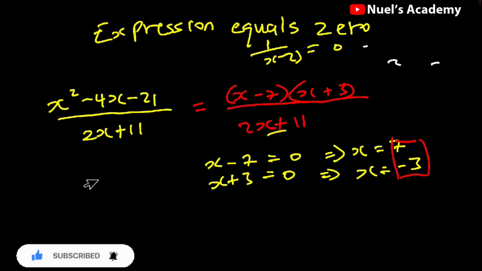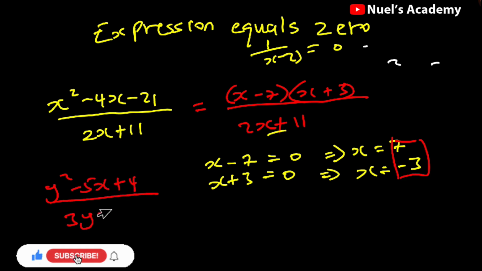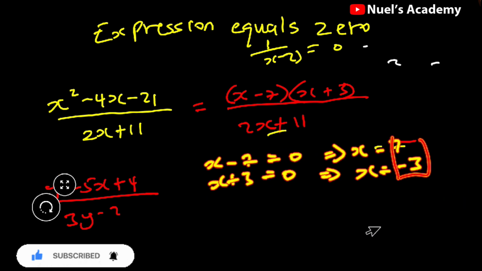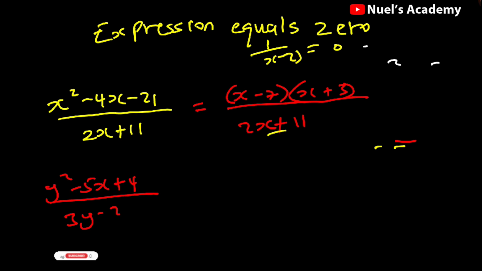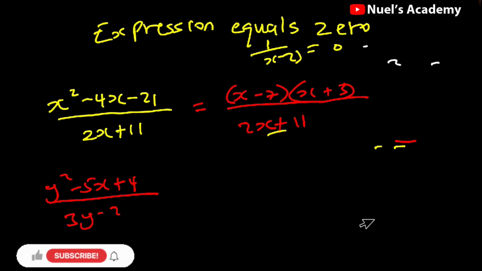Let's solve this question. We have y squared minus 5y plus 4 over 3y minus 12. I also would like you to solve this question, pause this video and try it and see if you get it. So if you factorize this numerator, then you have y here and y here.